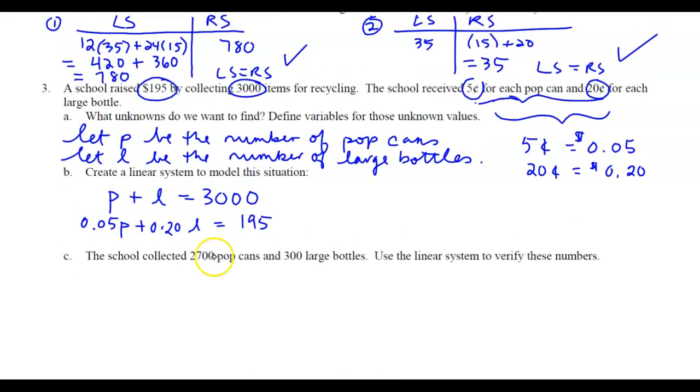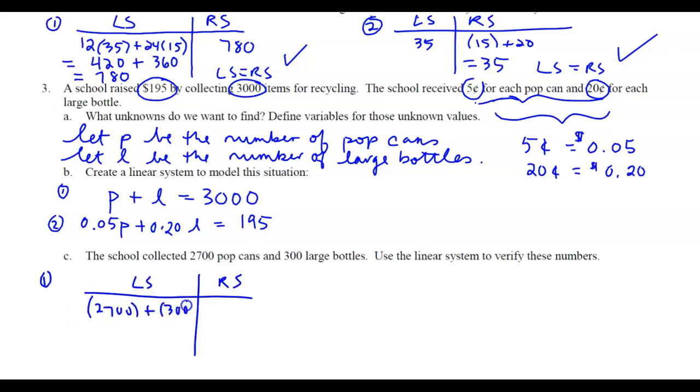Then it gives us a possible answer. 2,700 pop cans, 300 large. Use the linear system to verify these numbers. So we want to do first equation, second equation. And so we'll have 2,700 plus 300. Right side is 3,000. That's pretty obvious. It does work.